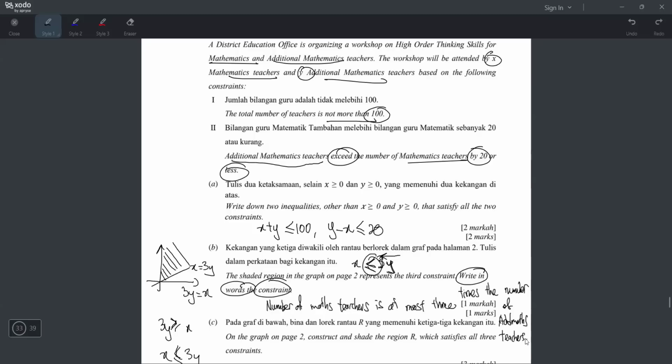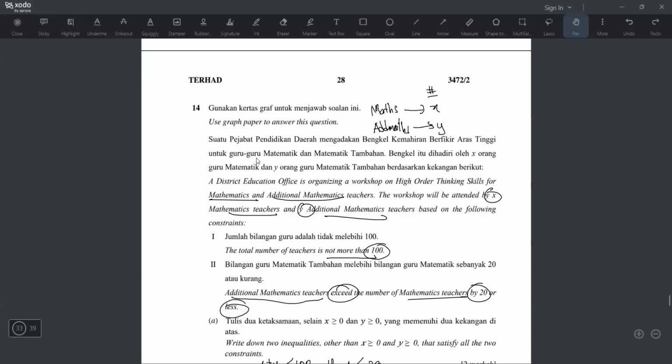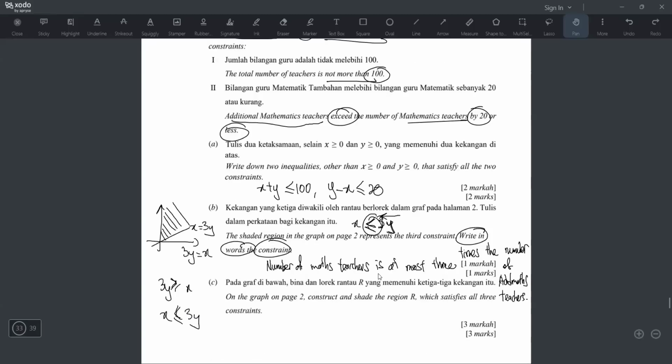Okay. Dalam bahasa Melayu, bilangan apa? Guru. Okay, how do you write? Guru or cikgu? Guru, right? Okay, so bilangan guru matematik adalah selebih-lebihnya. Okay, selebih-lebihnya. At most 3 kali ganda bilangan guru Addmaths.